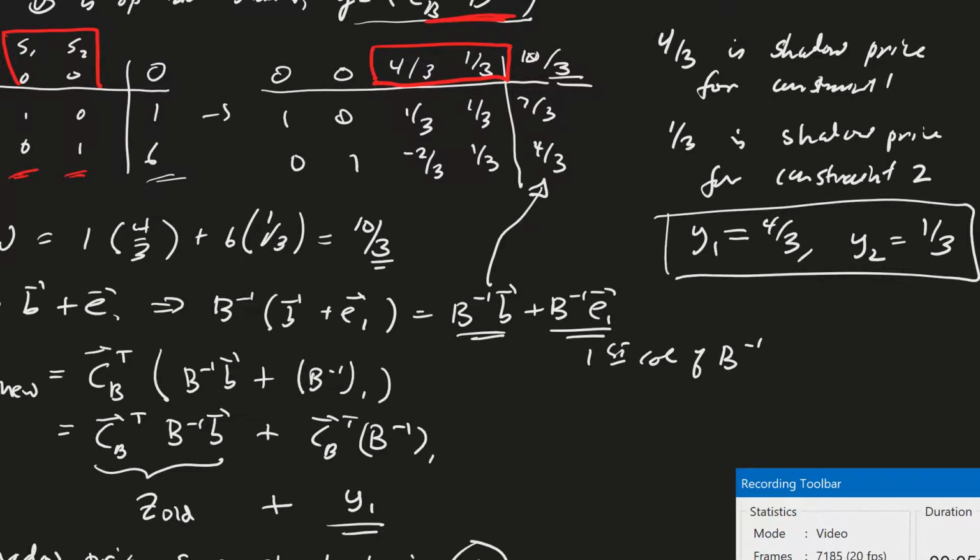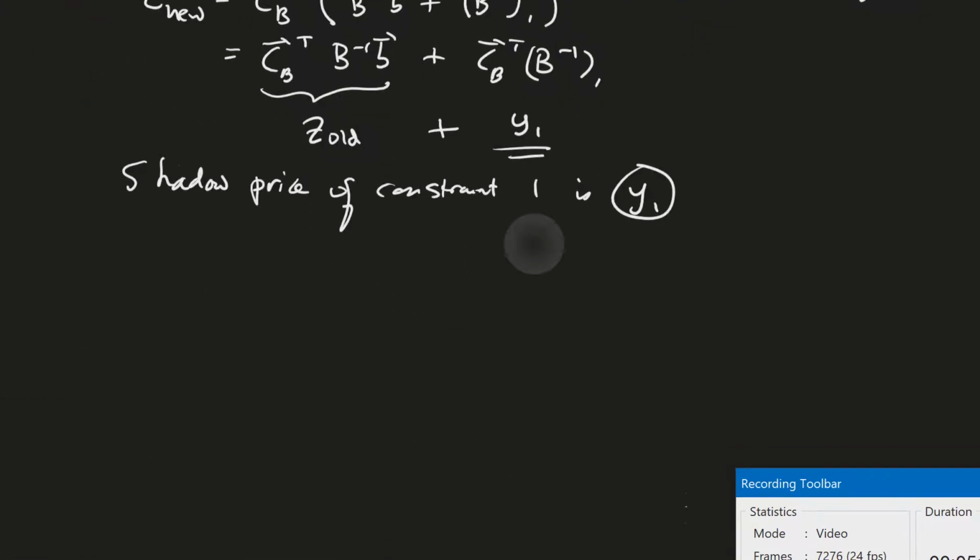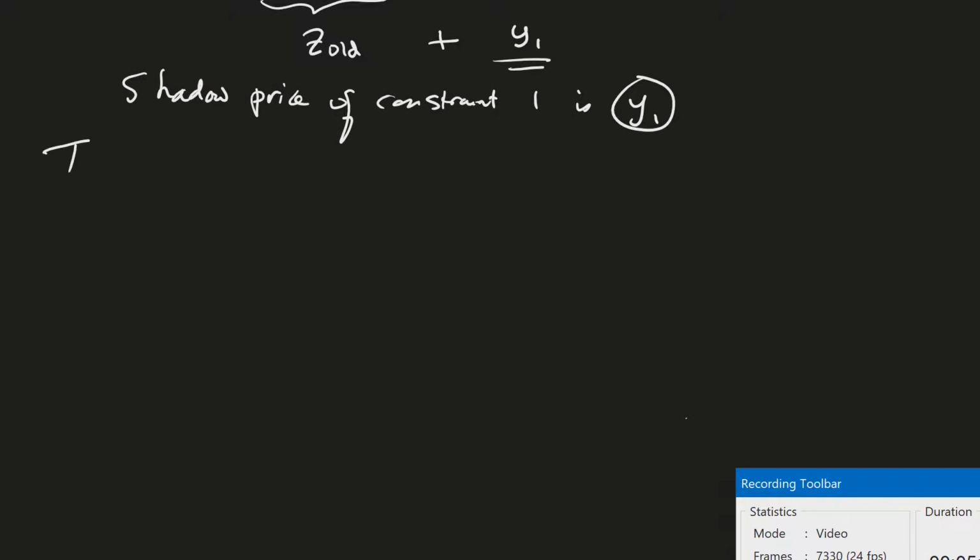All right. So therefore, I think we have a theorem. What does the theorem say? The theorem says that the shadow price of the ith constraint is the optimal value of the ith dual.